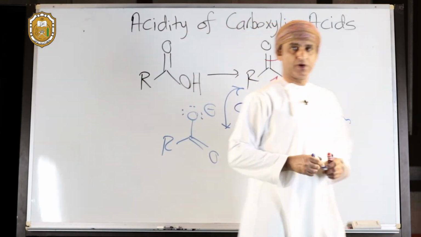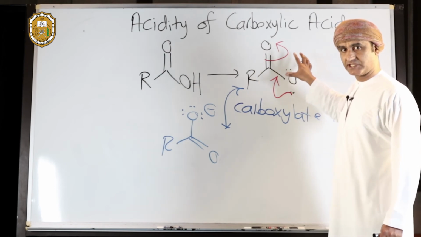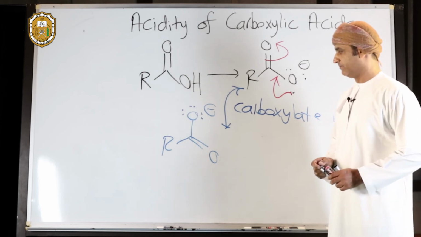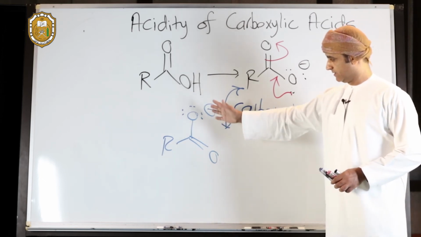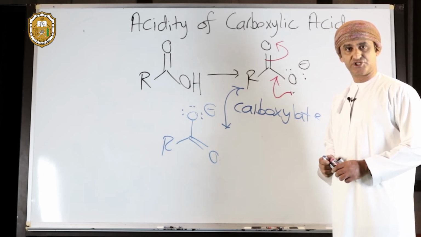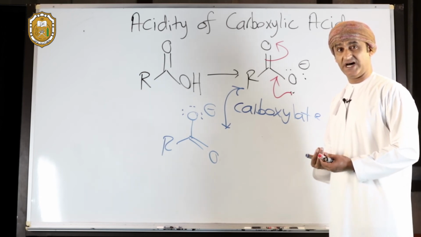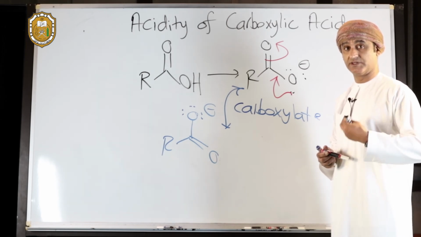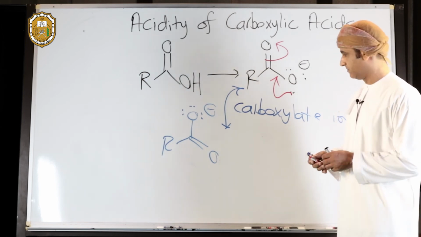So that's another resonance form for the resonance stabilization of this carboxylate ion, or the carboxylate unit. This resonance stabilization delocalizes electrons, delocalizes the charge, stabilizing the conjugate base. The original substance will then be acidic if its conjugate base is stabilized, and in this case it's stabilized by resonance.